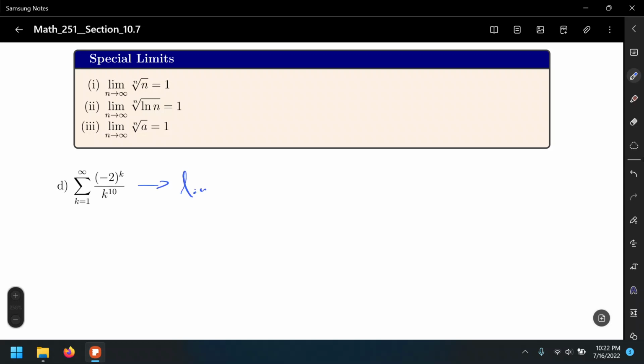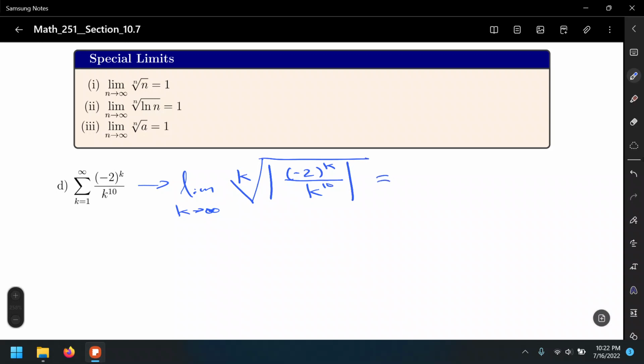Alright, so let's go about one more limit. The limit as k approaches infinity of, in this case, notice we're not using n, we're using k, so that's going to be the kth root of the absolute value of negative 2 to the k over k to the 10th power.